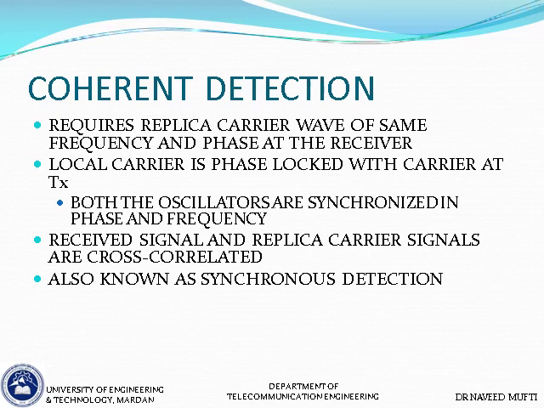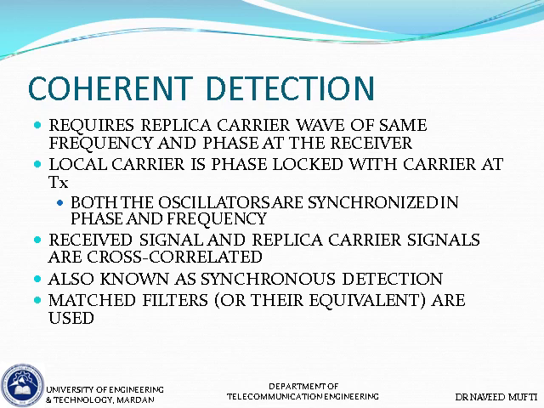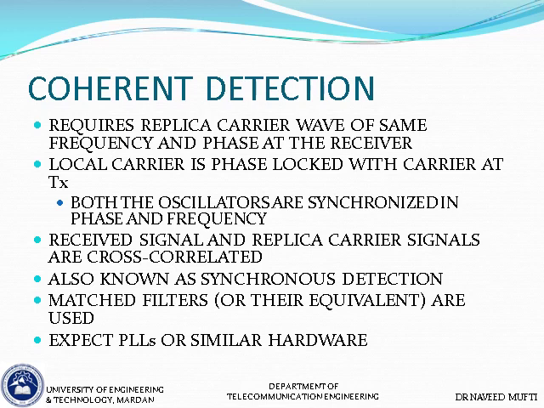So we receive a noisy signal and generate a carrier signal locally, and then we use cross correlation in order to come up with this coherent detection. You can expect that matched filters or their equivalents are used, and because it involves phase matching or phase locking, you can expect phase lock loops or similar hardware in coherent detection circuits.